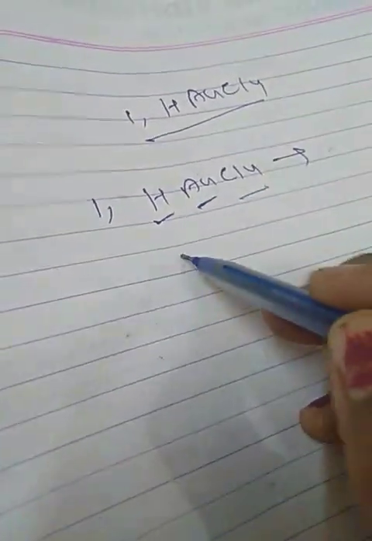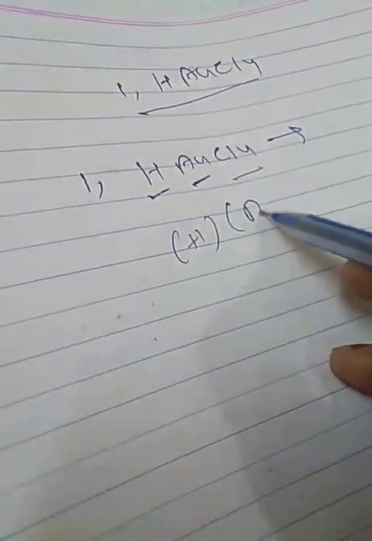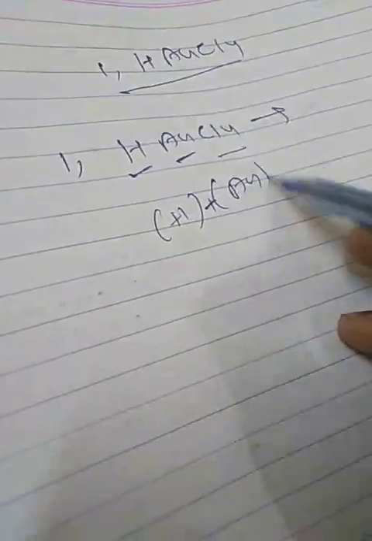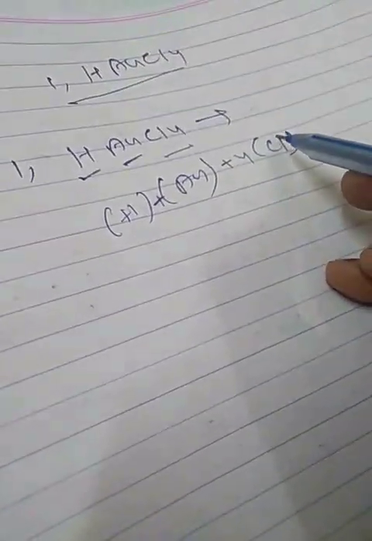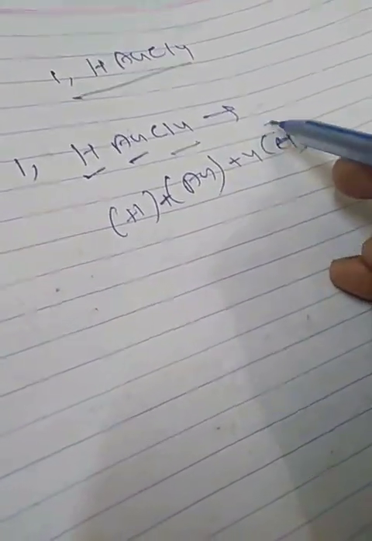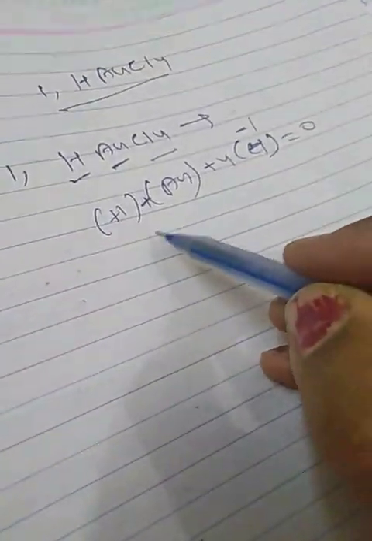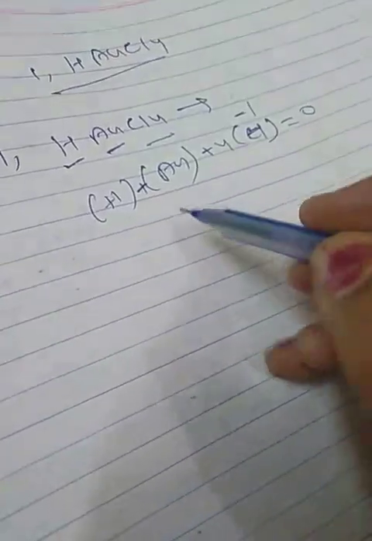One I am teaching you. For Au you have to find; you know hydrogen is less electronegative, so plus 1. Au you have to find out, and Cl, you know that is minus 1, and the total is equal to 0, as in the earlier rules.